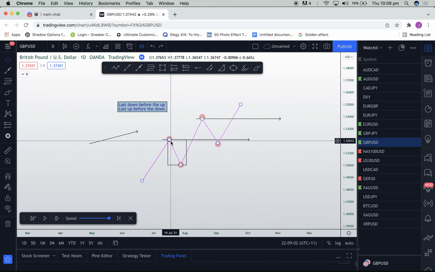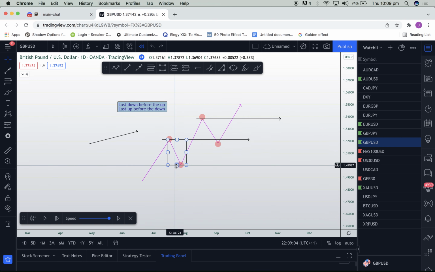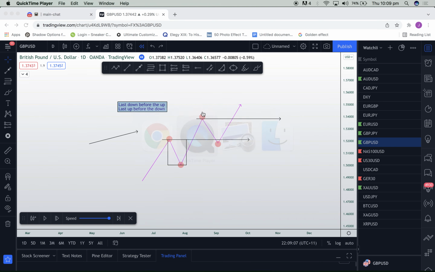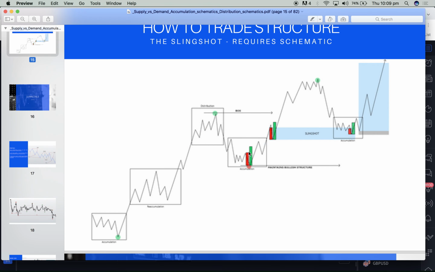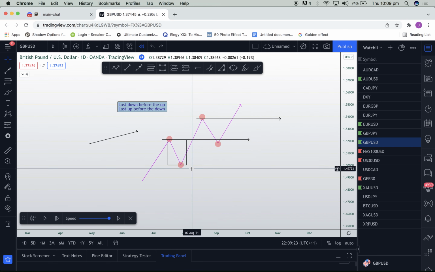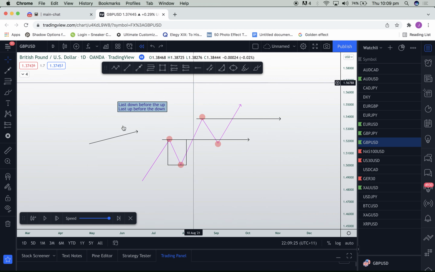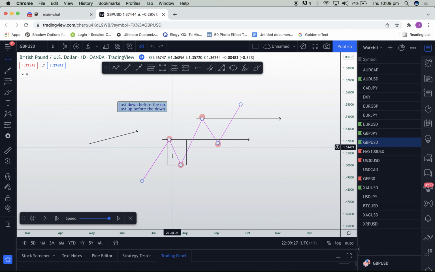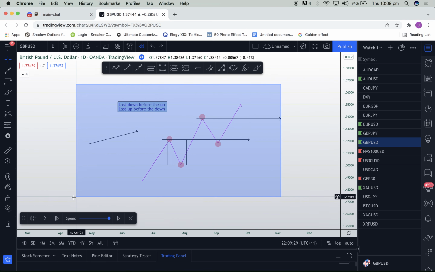So in this case, the last down before the up. What does it look like? Something like this. The last down, red candle before the big break up. The market comes into it and it buys off again. And that is how you will trade in these markets based upon your institutional candles.